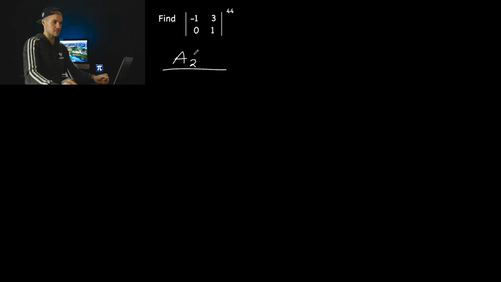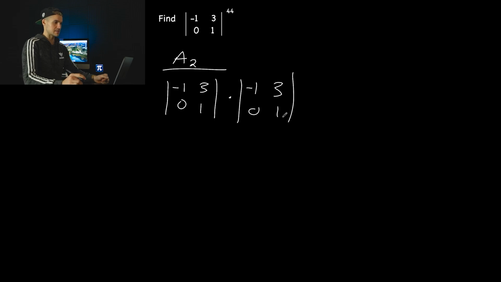So we'll call this A squared, meaning that we're basically going to write out this matrix twice, this to the power of 2. Remember when we're multiplying two matrices, we take the rows from the first matrix and multiply them by the columns of the second matrix.